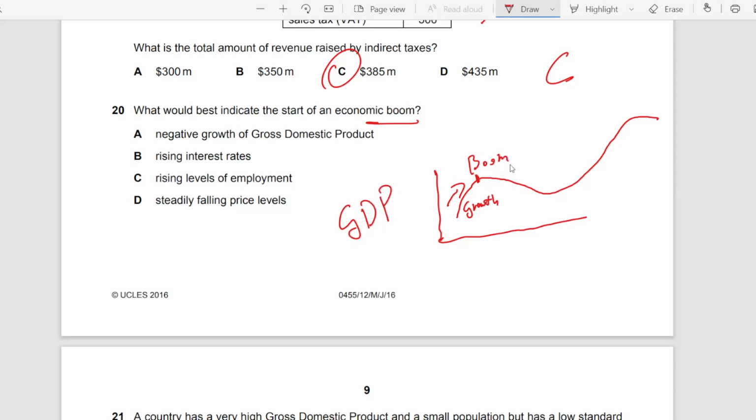This point here is boom. This is recession as the economy is falling, and this point here is slump, which is followed by another period of growth. So negative growth of GDP, no, of course GDP growth will increase as the economy is going to boom.